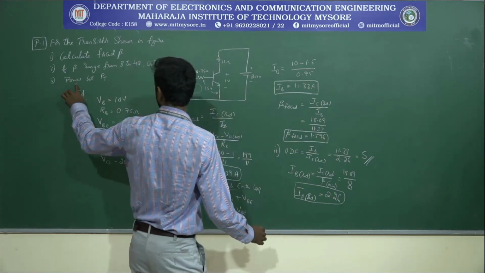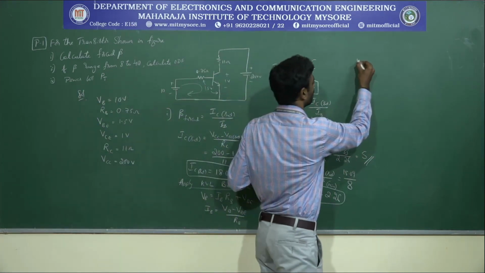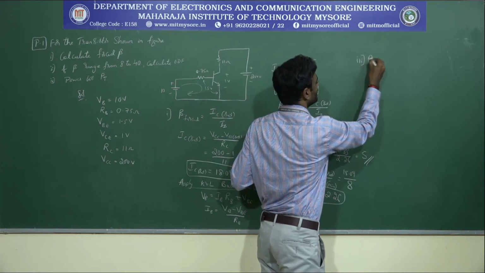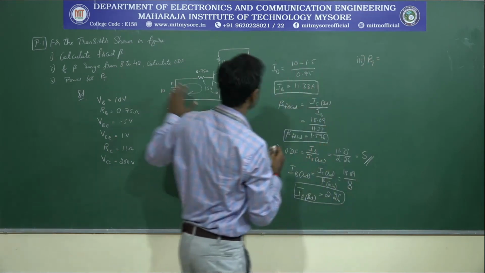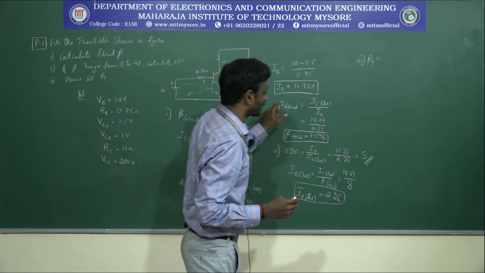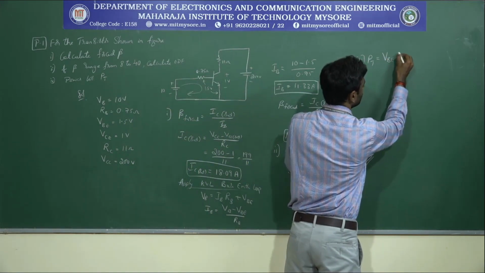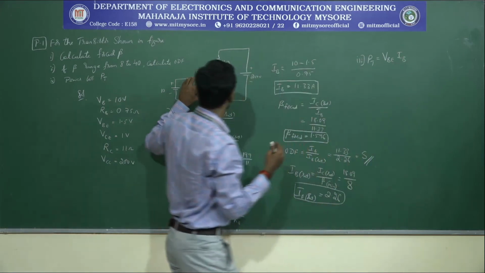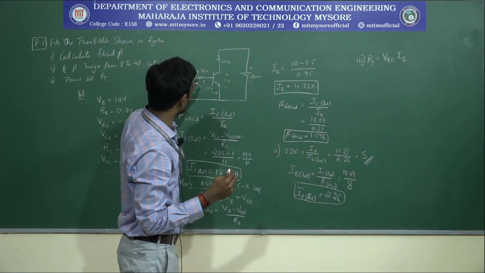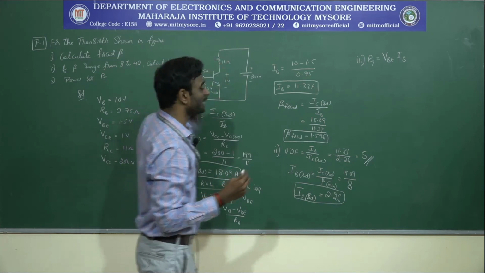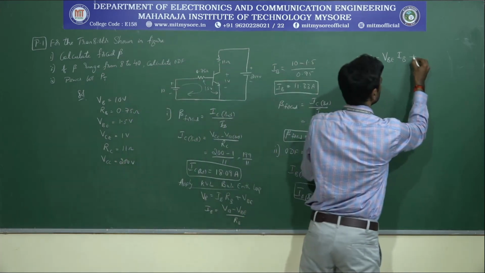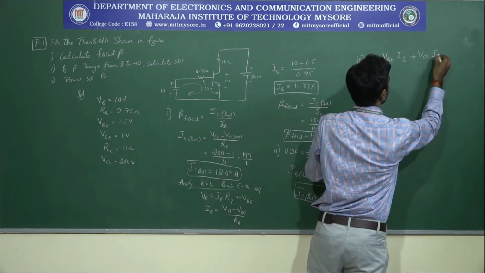Finally, I should find the power loss. The power loss, PT, will be equal to, applying KVL here, VBE into IB for this section plus VCE into IC.